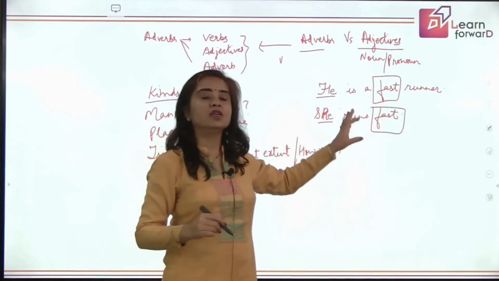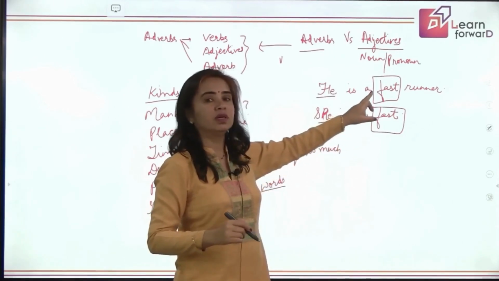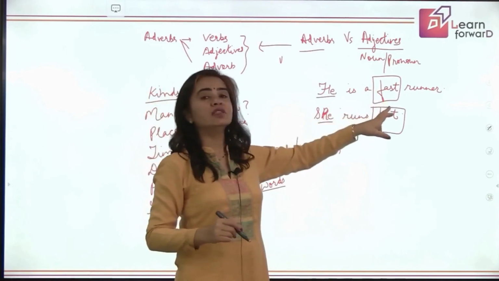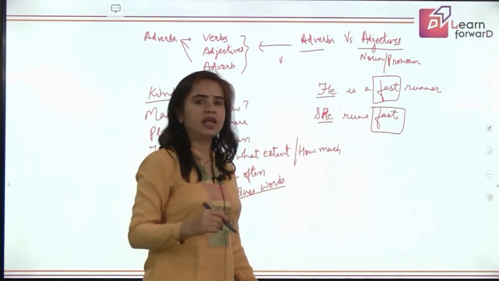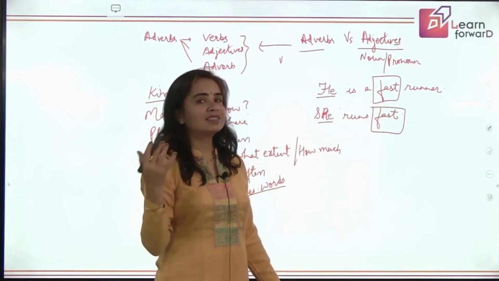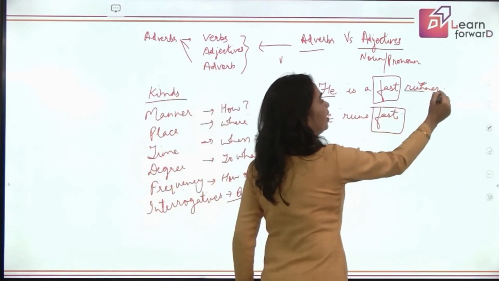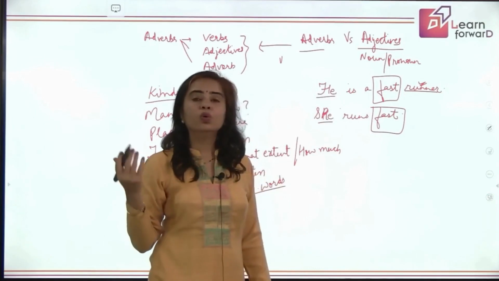Now let us see what is the function of this same word in the first sentence and in the second sentence. In the first sentence, what is fast telling you about? It is telling you about runner. And what is runner?